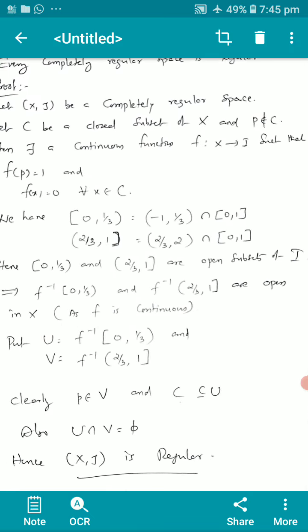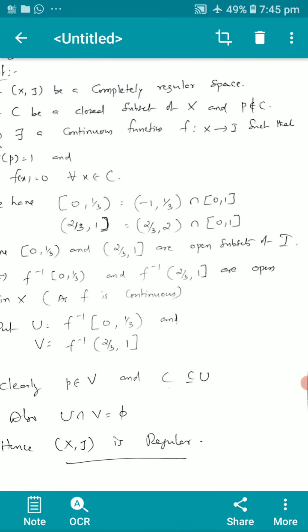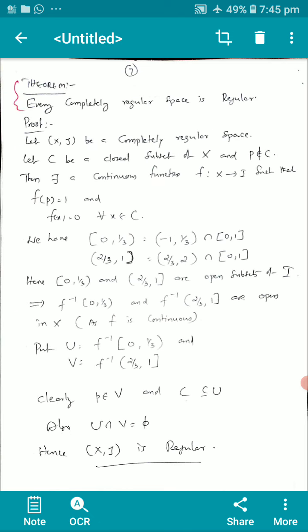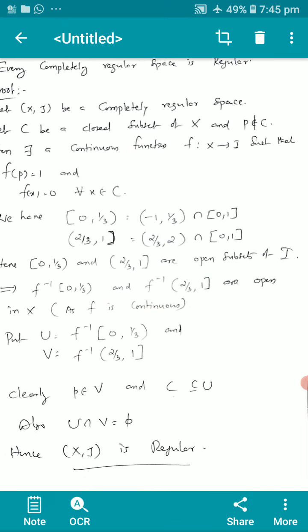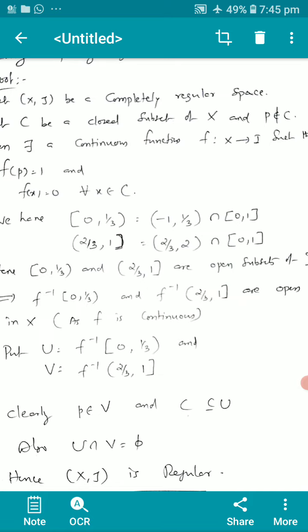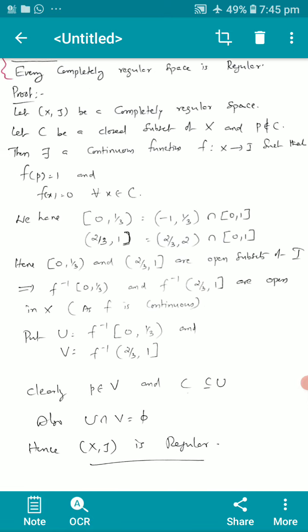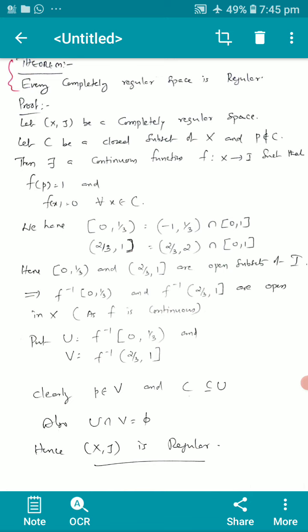Here [0, 1/3) and (2/3, 1] are open subsets of I. This implies f inverse of [0, 1/3) and f inverse of (2/3, 1] are open in X because f is continuous.